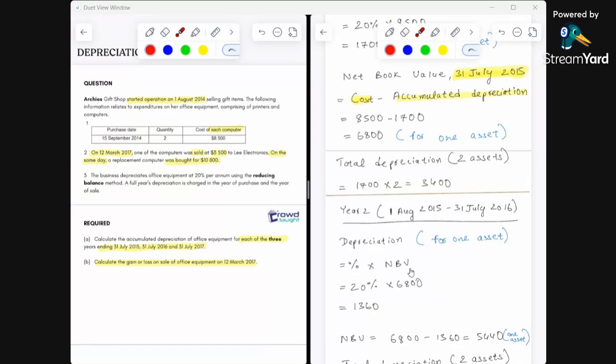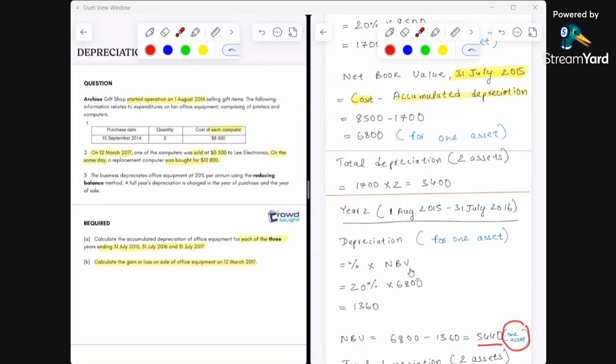If you are in year two or year three, you can just simplify the net book value at end of year two by taking the net book value you had before at end of year one, which would have already accounted for the adjustment for depreciation in that particular year, minus the new depreciation expense of $1,360, which we have calculated for year two, and that would give us a net book value of $5,440. And obviously, this is valid for one asset.